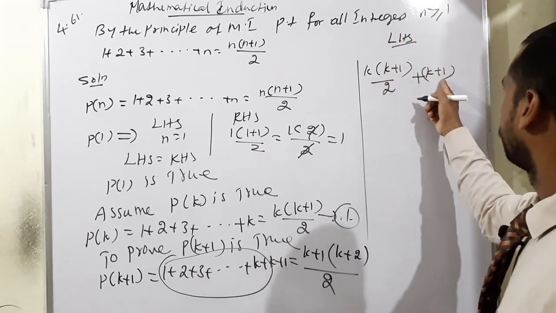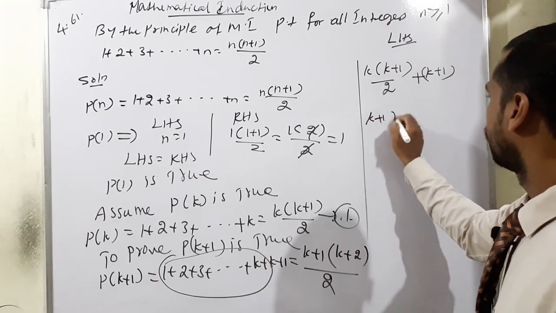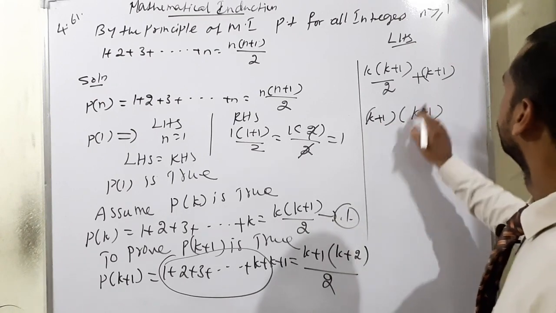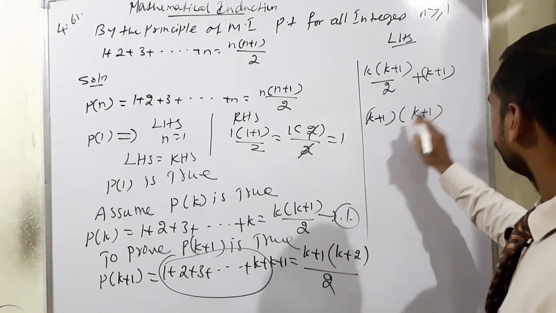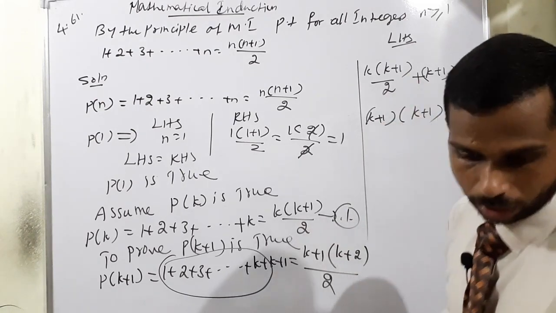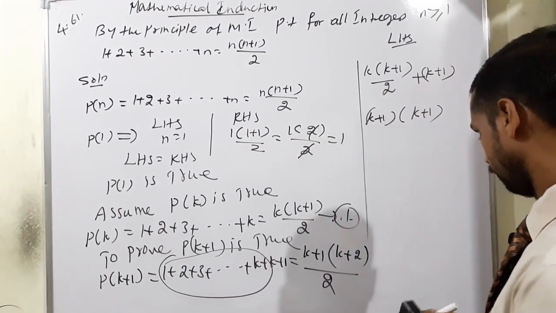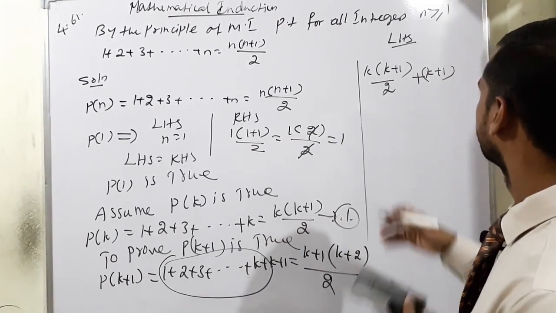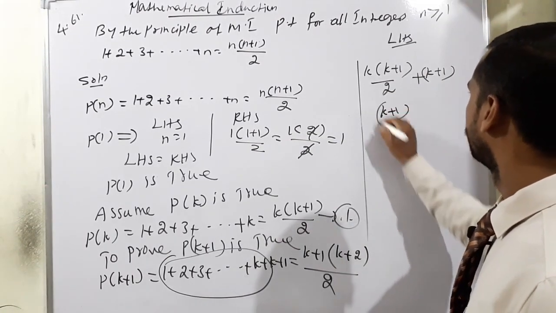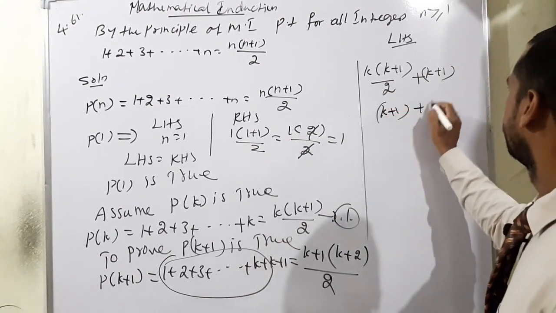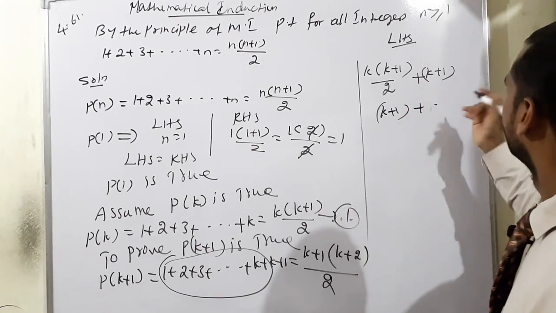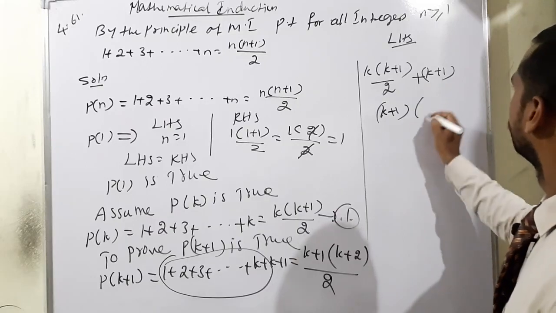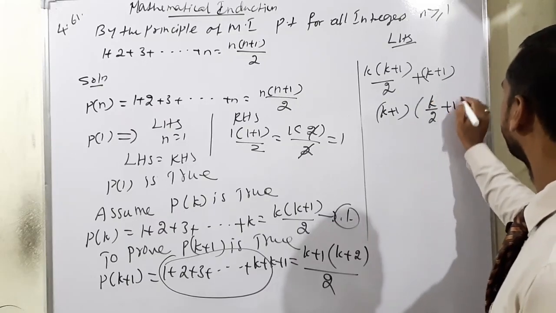Now, take k plus 1 common outside, and inside again k plus 1 will come, isn't it? So, taking k plus 1 common outside, inside we get k by 2 plus 1, isn't it?